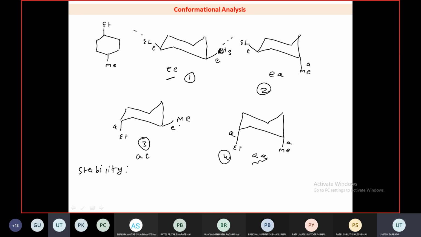What is the correct order of stability? See, equatorial position is less sterically hindered as compared to axial position. So here, both groups are at equatorial.